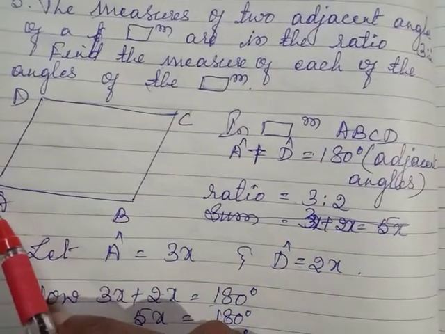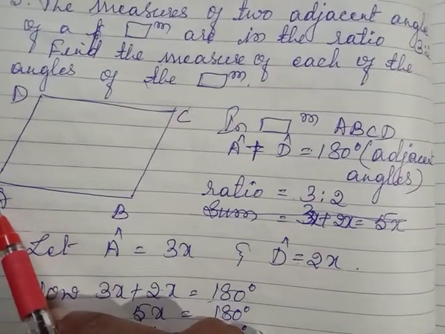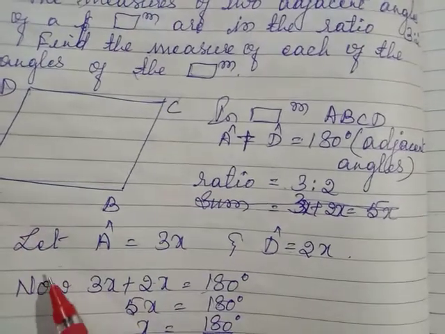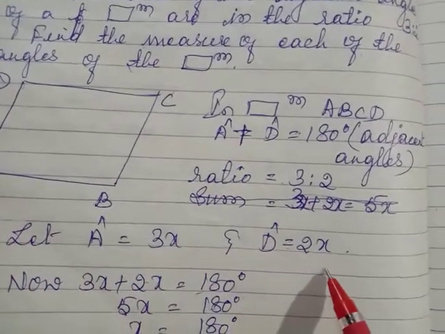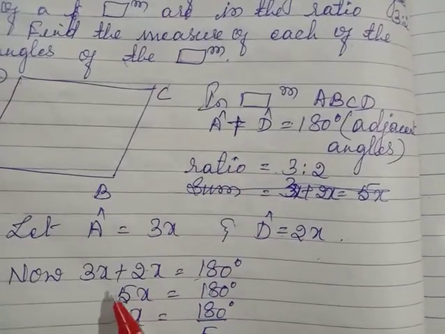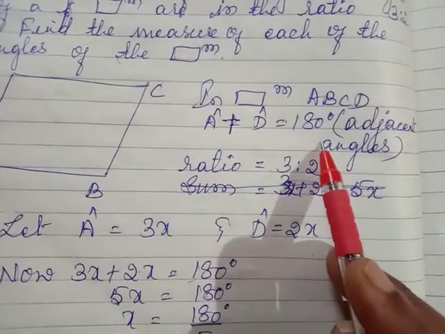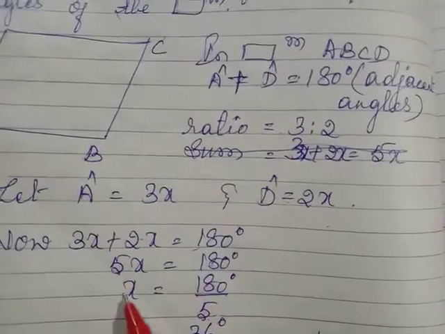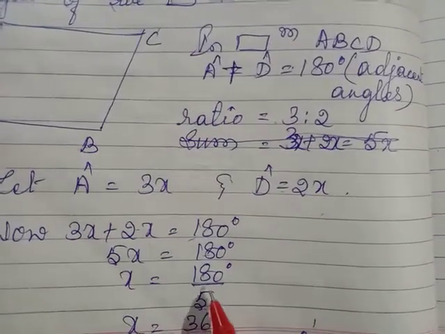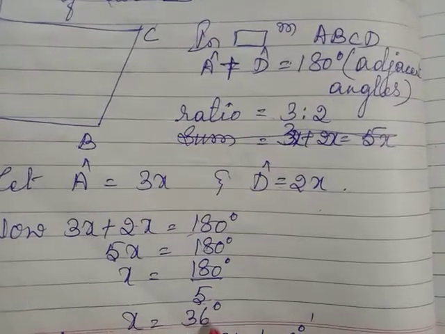So the ratio they have given is 3:2. Now angle A is equal to 3x and angle D is equal to 2x. So angle A plus angle D is equal to 180. Is it not? 3x plus 2x is equal to 180. 5x is equal to 180. x is equal to 180 by 5. x is equal to 36 degrees.